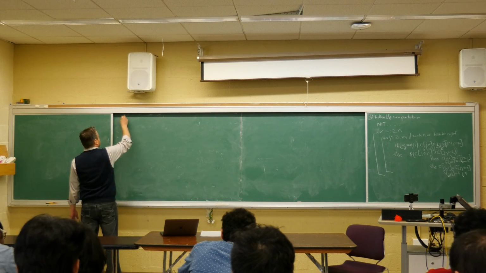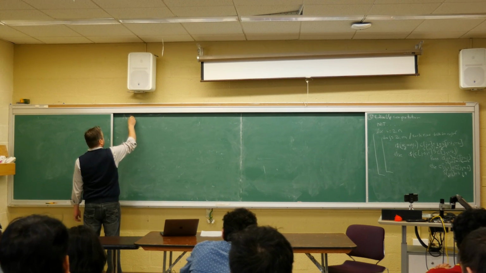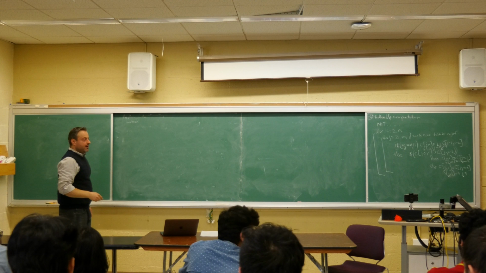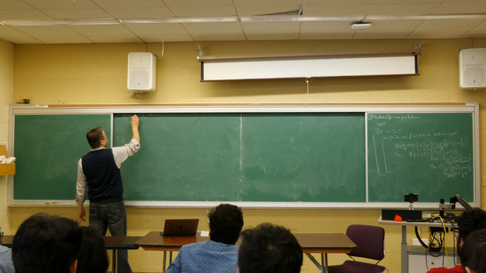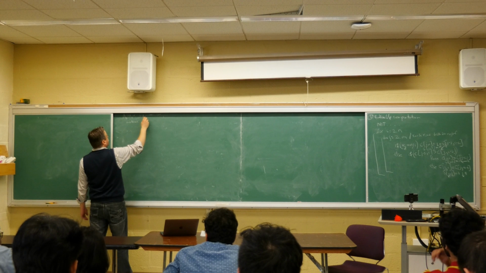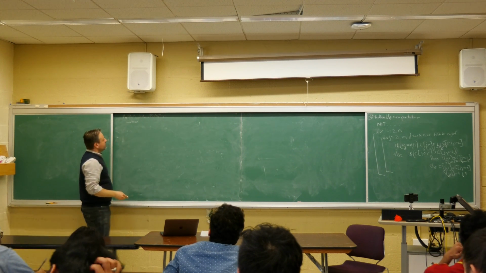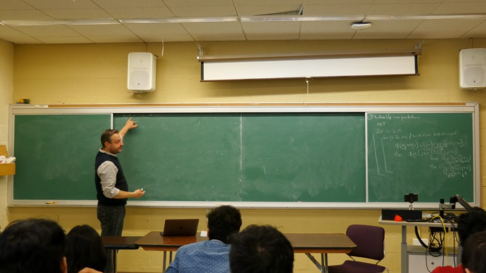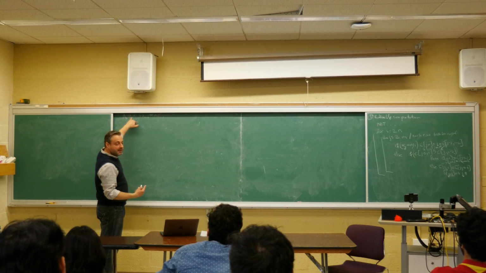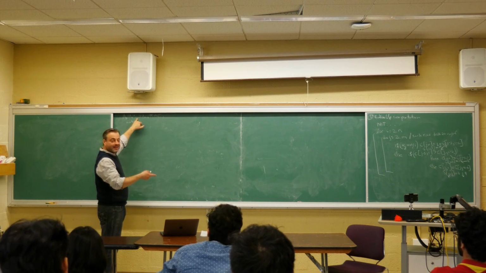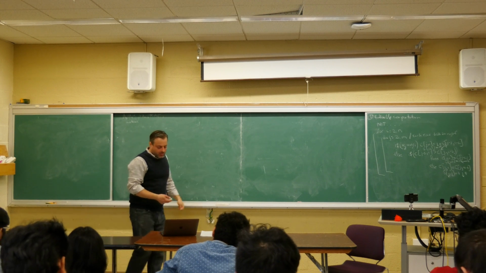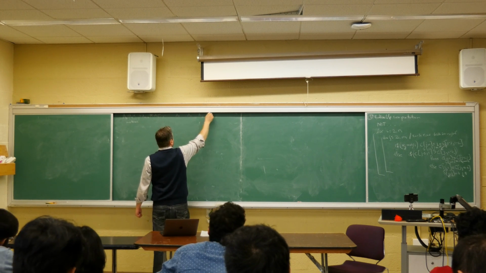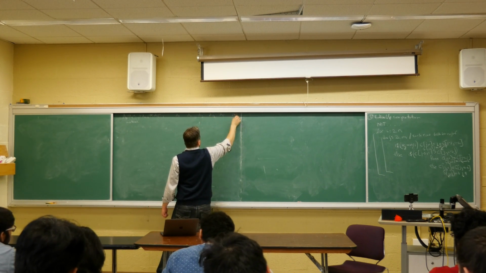So the task is, I have matrices A1, A2, ... AN, and they can be multiplied. You know there's a condition to multiply matrices, right? The number of columns on some matrix has to be the same as the number of rows on the next matrix. So, for example, A1, A2, A3, A4, A5, and A6.